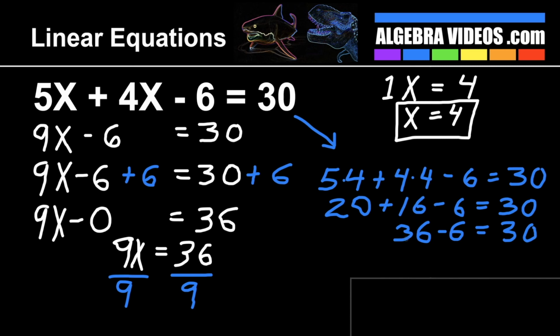Okay. 36 minus 6 is 30. And just bring down the 30 on the right side. Well, look what we have. 30 equals 30. So that checks out because the fact that this equation held true, we know that x equals 4 is the correct solution.